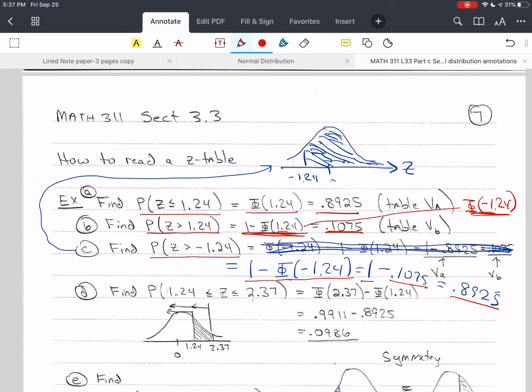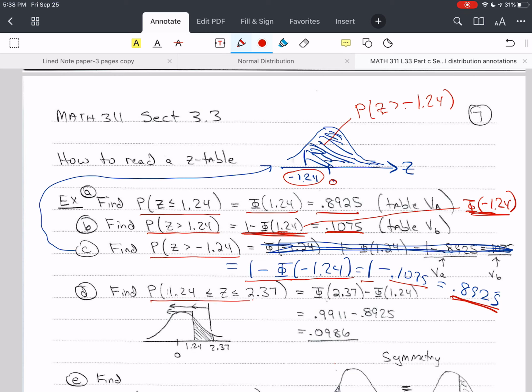A good way to check this is to draw a picture. Here is negative 1.24, and I want greater than. So the probability that z is greater than negative 1.24 is obviously more than half, because here's 0. So it needs to be a big number. This is a big number, so it helps me confirm that I've gotten the right thing. So drawing pictures is very helpful sometimes.